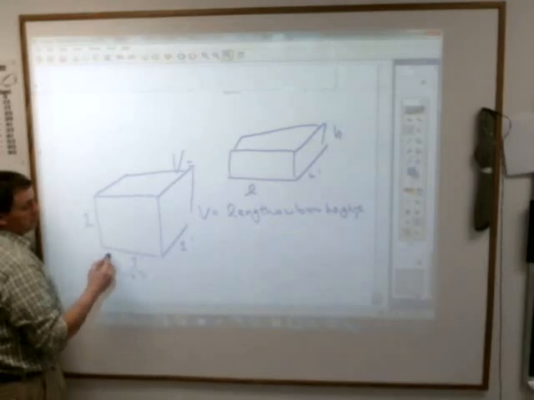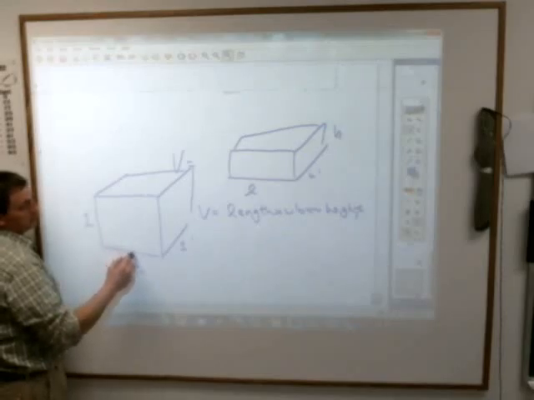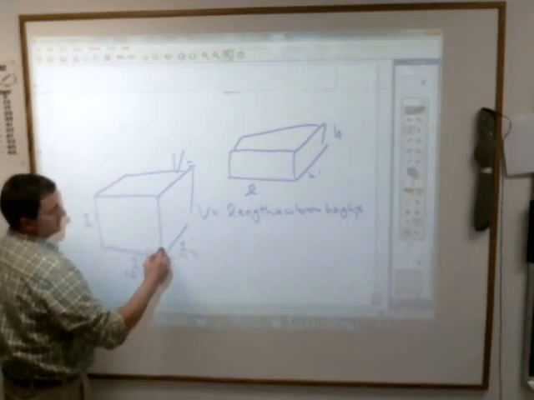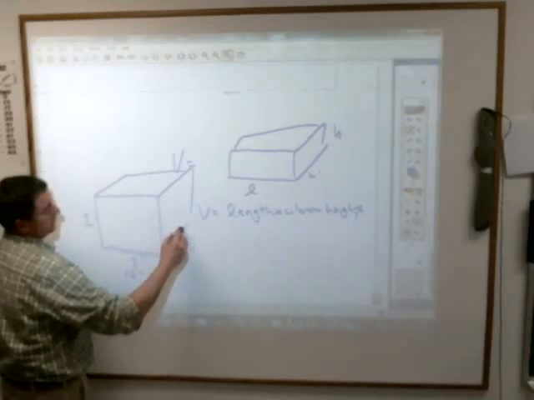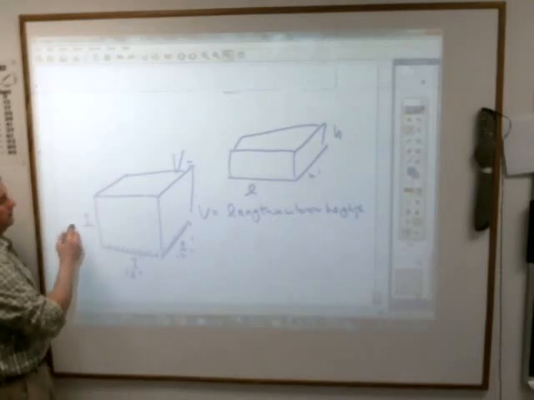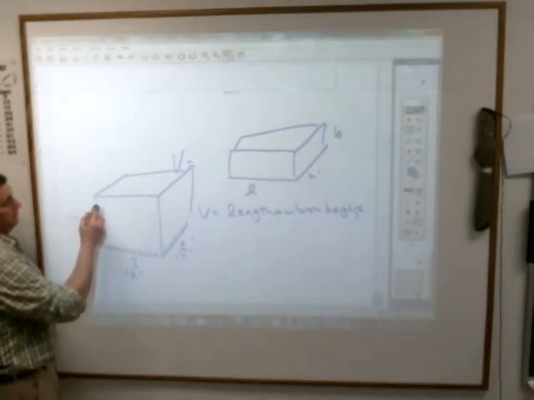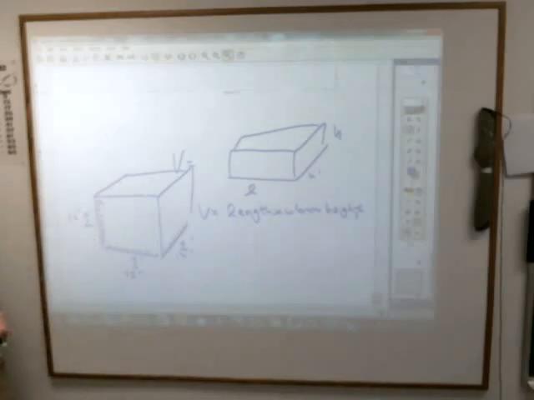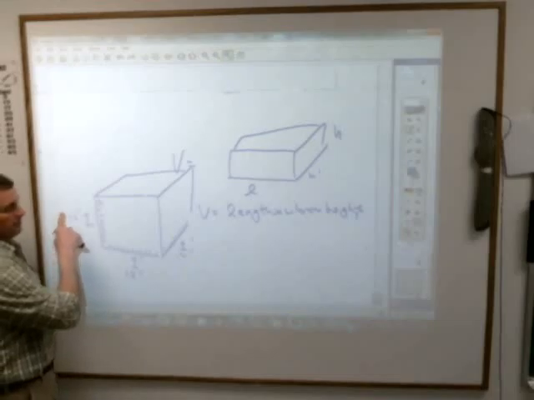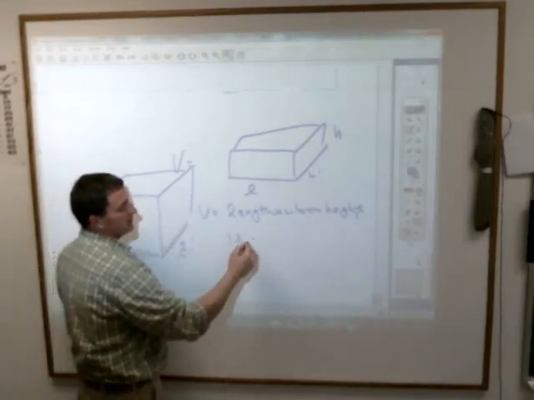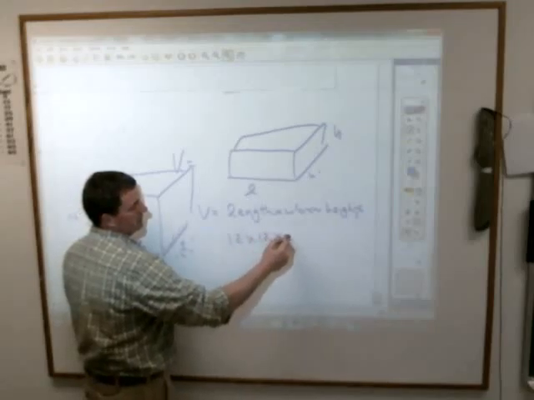So this side would be 12 inches. 1, 2, 3, 4, 5, 6, 7, 8, 9, 10, 11, 12. This side would be 12 inches. And the height would be 12 inches. So to find out the volume in inches, you'd multiply length times width times height. It would be 12 times 12 times 12.